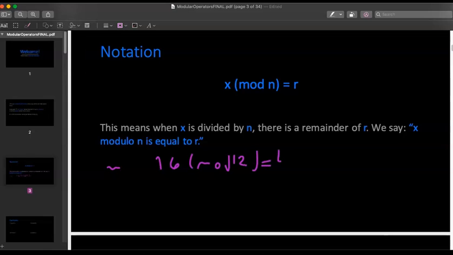That's going to equal 4. So that's how we write this in this notation. Because we had 16 is the number we're dividing by 12, and our remainder is 4. So 4 is our answer. Does that make sense to everyone?